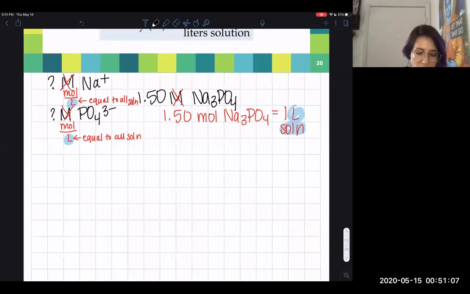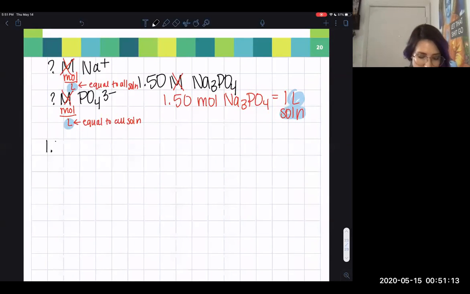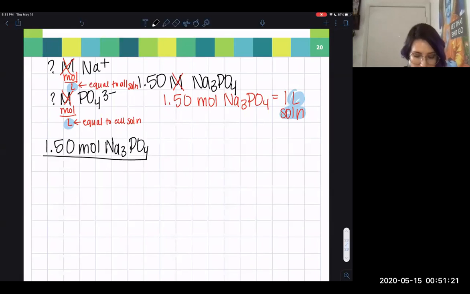But you see here, I don't actually have something that's not a conversion factor to start with. So I'm going to have to start with the molarity, which is really the only thing that I have. And I'm going to separate it into two pieces, moles and liters. Okay?